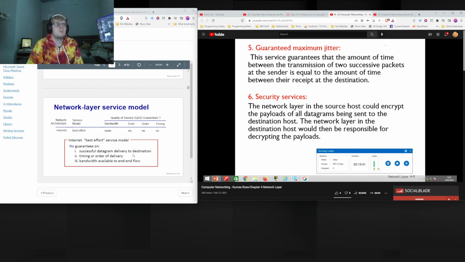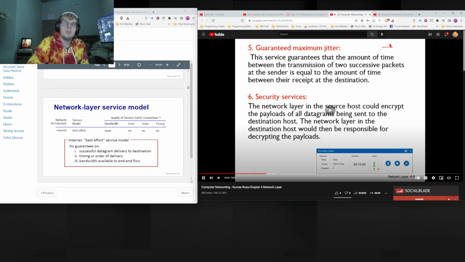Many times you might have experienced, while you are downloading or watching a video, it plays for a while, then it stops and the cursor just revolves, and then after a while it plays again. That is called jitter. So maximum jitter guarantees a bound on the amount of time between the transmission of two successive packets at the destination.